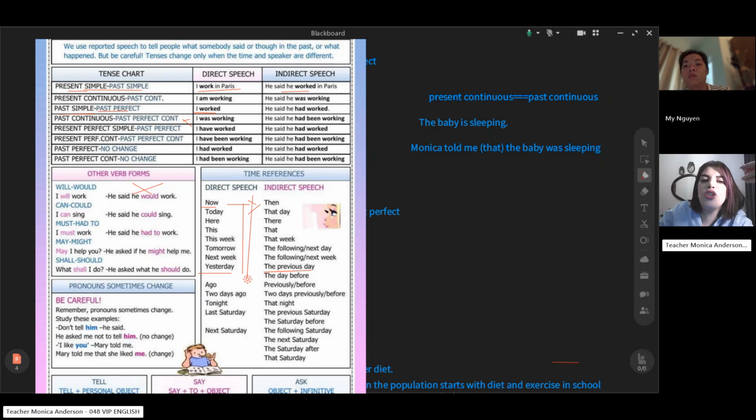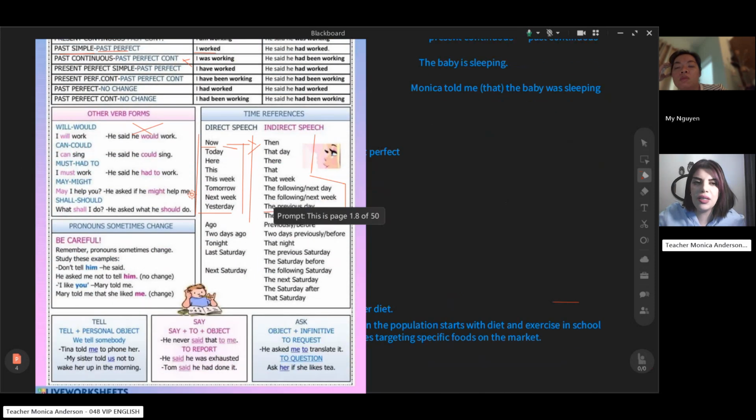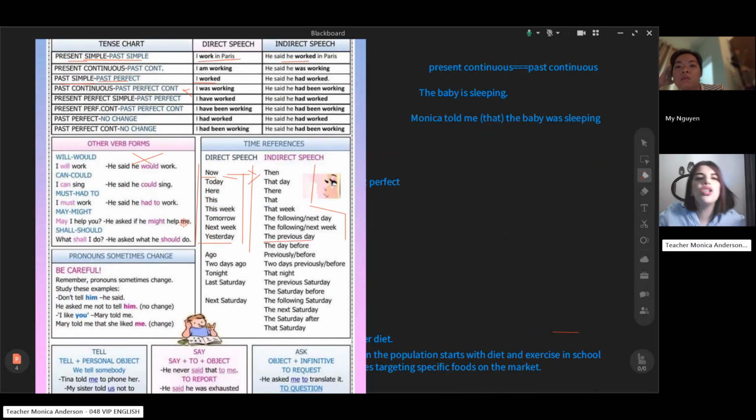So you just need to know that when changing direct speech to indirect or reported speech, it is good to change the time expressions. You don't need to memorize all of them. I will send you this, and you can check it when you need, okay?